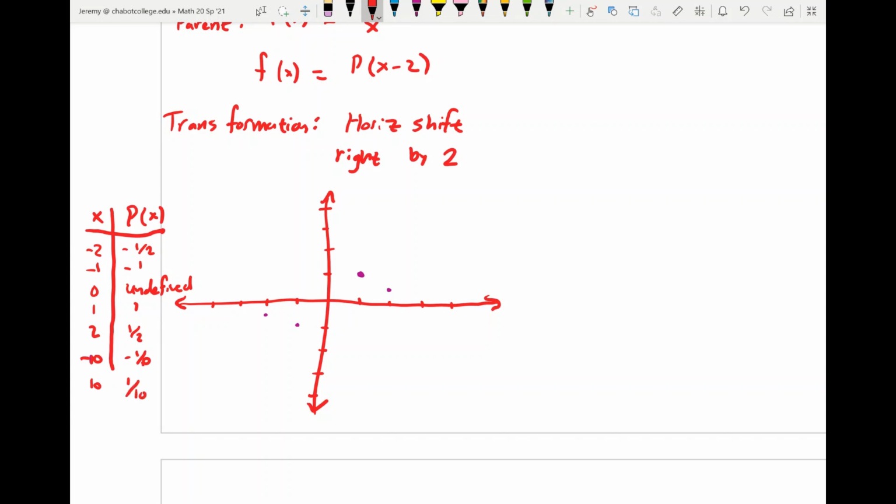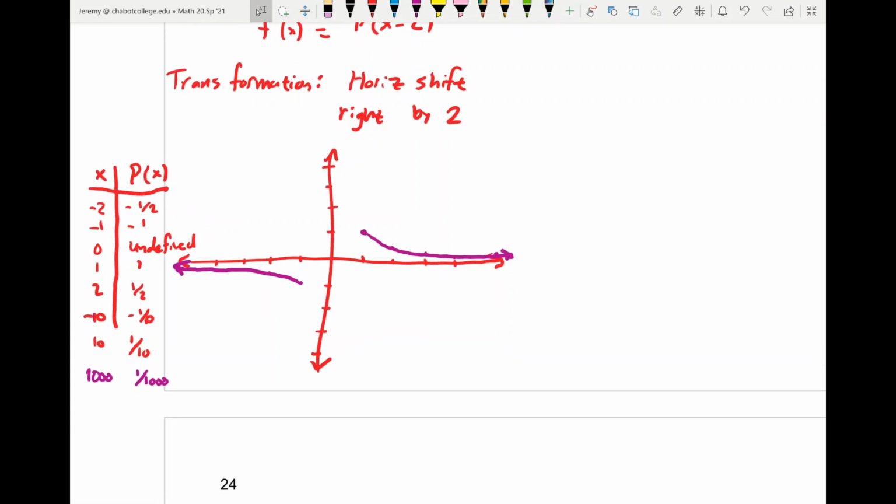So it's apparent that as x gets larger and larger, the graph is getting closer and closer to the x-axis. In fact, if I plugged in 1,000 for x, I would get 1/1000th, which is a tiny, tiny number. So in the long run, this graph is going to approach the x-axis, as x goes to positive infinity and as x goes to negative infinity. So on the left and on the right.